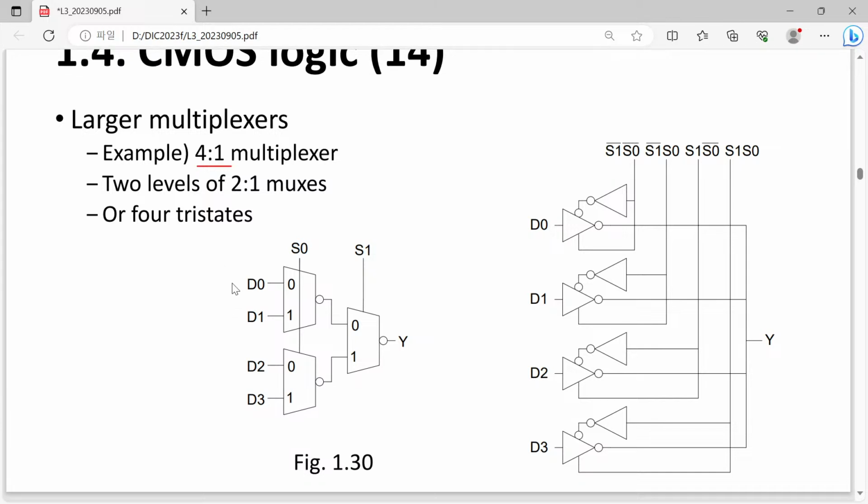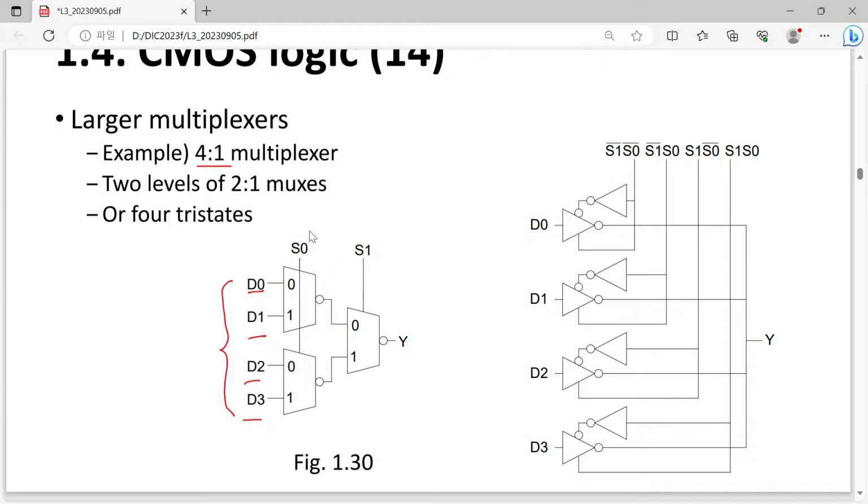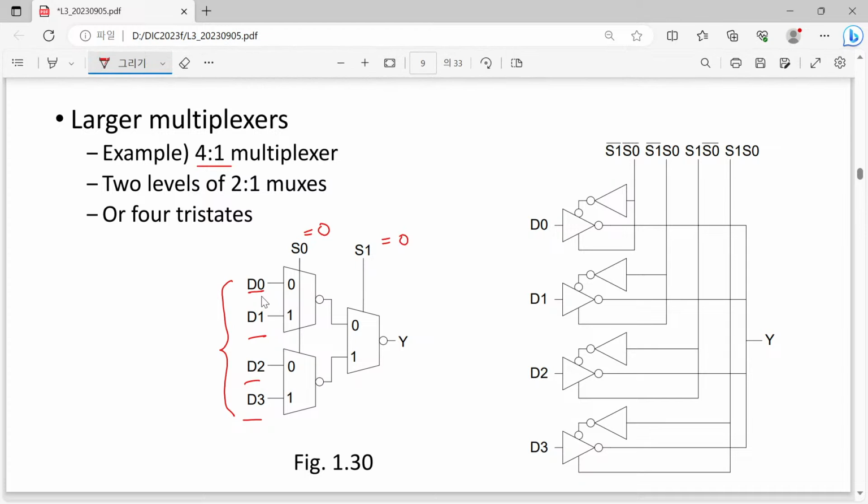For example, if we have 4 candidates, then it is easy to say, when we have 0 and 0, what will happen? If we have 0 and 0, then this one will be selected and this one will be selected.